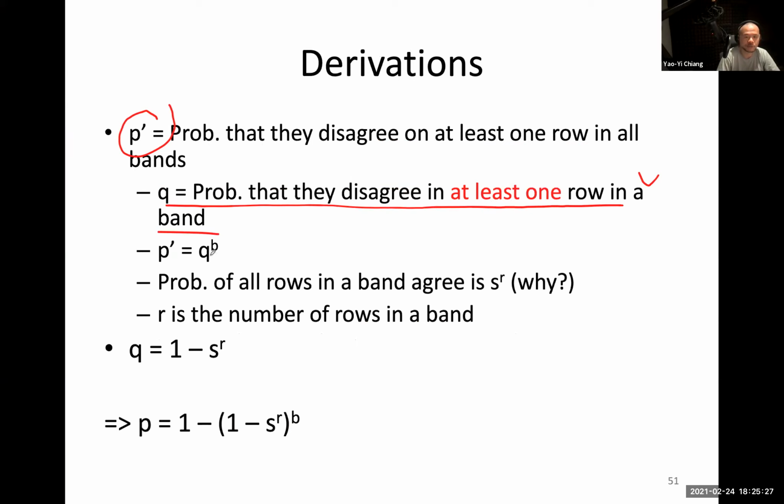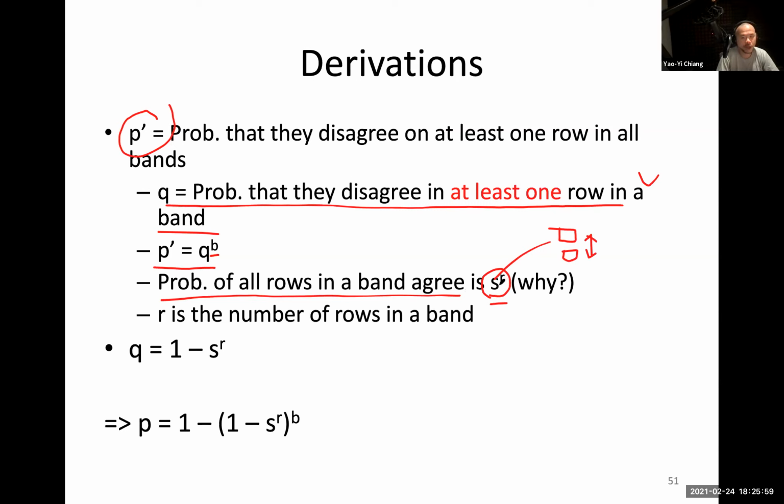And because we have B bands, this complementary probability becomes Q to the power of B. The probability that rows in a band agree is S to the power of R. And I think you guys all know this because for one row, one signature to agree between two documents, the probability is S, which is the Jaccard similarity between these two documents.